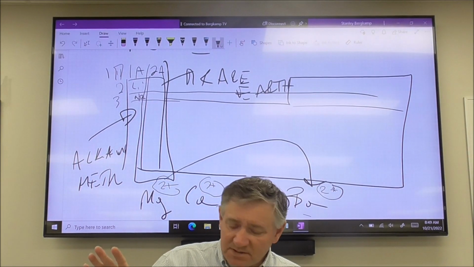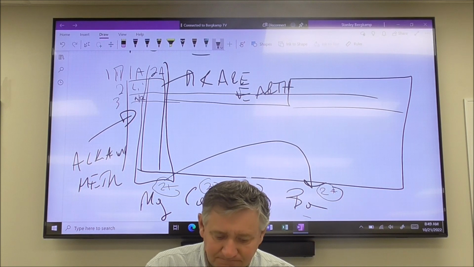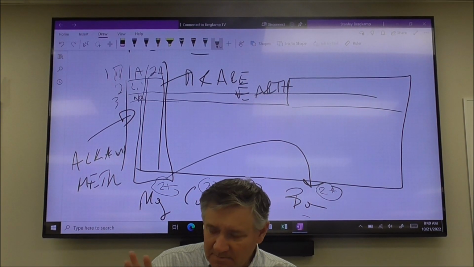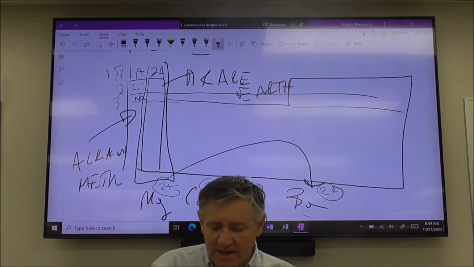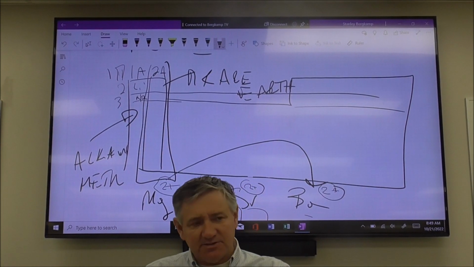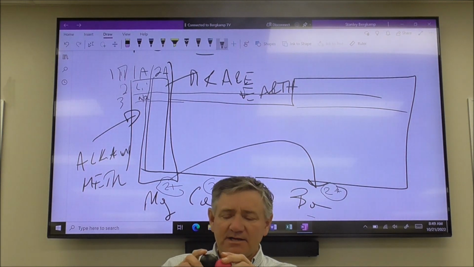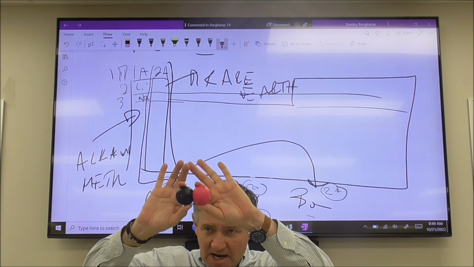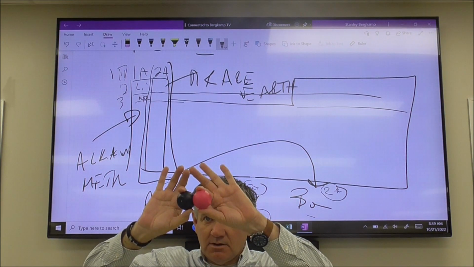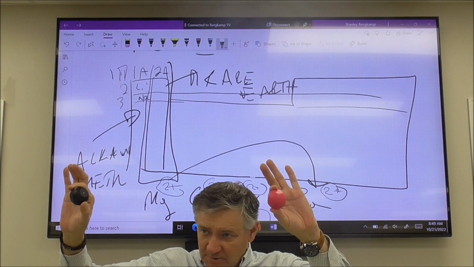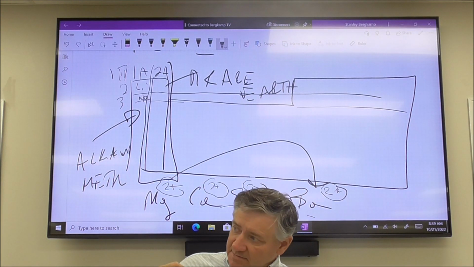Now, when you get to question number 7, let's talk about ionization energy. Ionization energy is basically a measure, if you consider these little magnets, of how much energy I have to put in to pull these apart, because you're pulling away an electron.